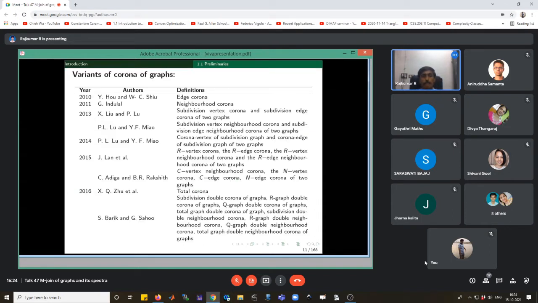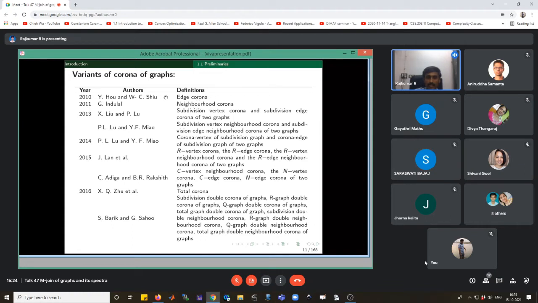Later, there are several variants of corona graphs also defined in the literature by many authors, and they have studied the various spectra of these graphs. So there is a large literature available for this kind of variants of corona graphs and their spectra. So still, it is a very active topic in this field, from 2010 onwards.